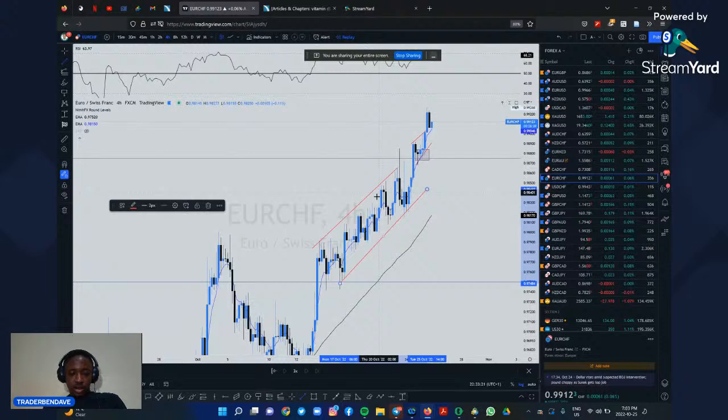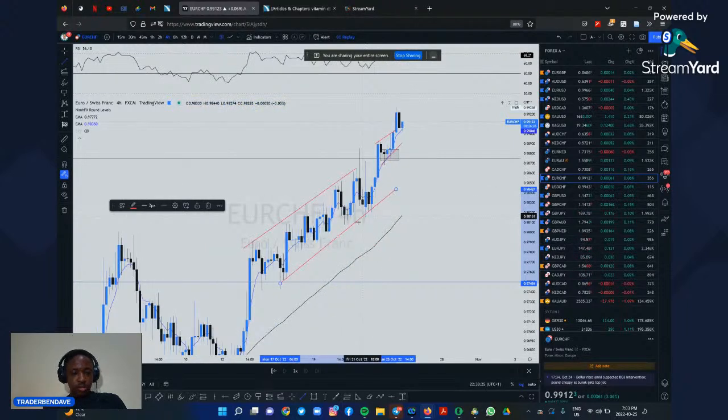So I was looking at this. Which level was it again? This level, right? All right, so this level here. So I was looking at a pullback into this zone and a drop.